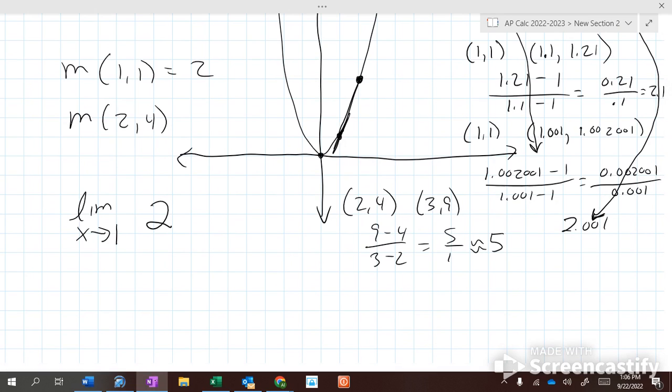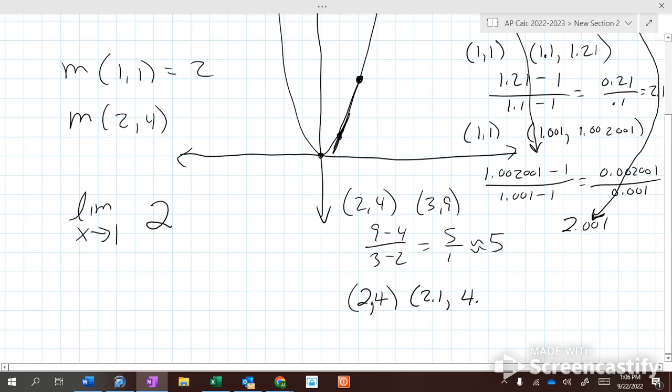So if we go from 2 to 2.1, what's 2.1 squared? 4.41. Now the slope is 4.41 minus 4 over 2.1 minus 2, which is 0.41 over 0.1, or 4.1.